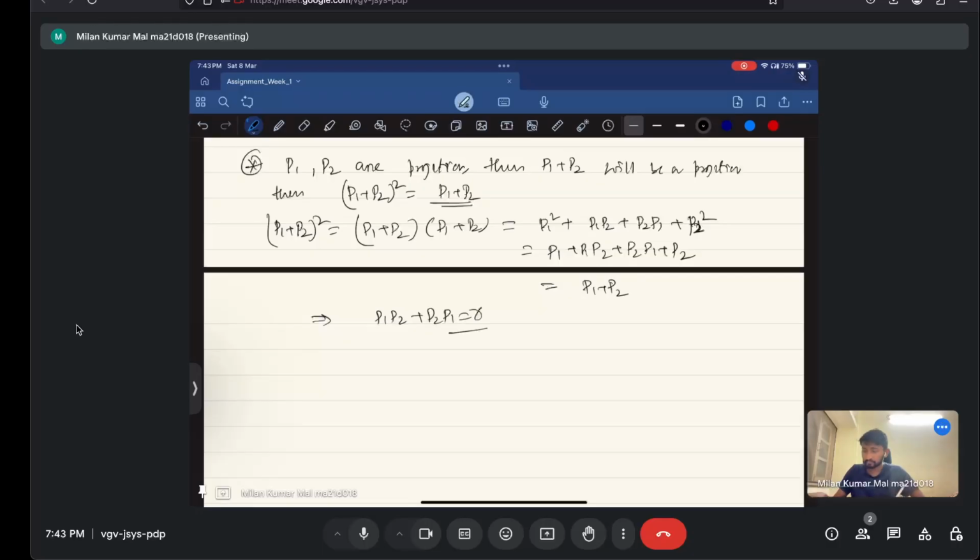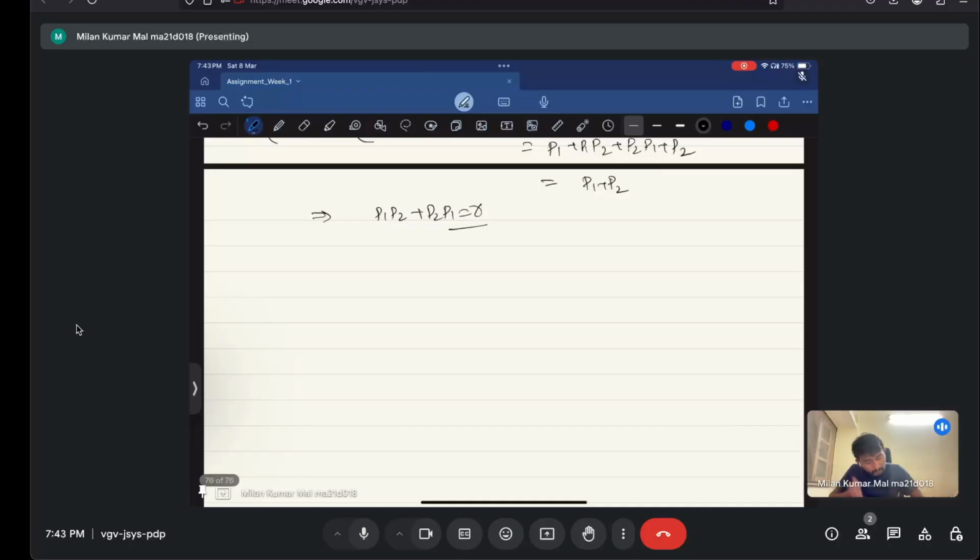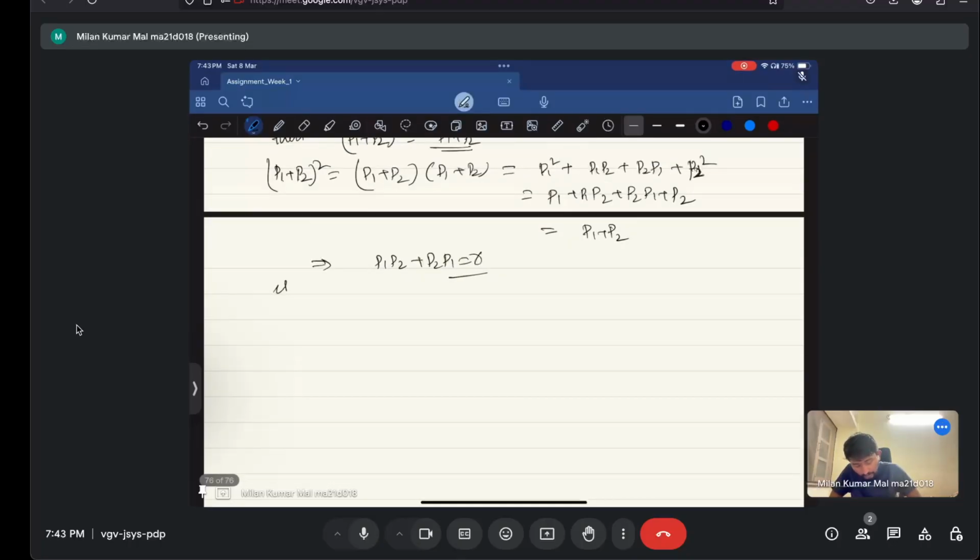that implies that P1 P2 plus P2 P1 is equal to 0. So now another way, if P1 P2 is equal to 0 and P2 P1 is again 0, that implies that (P1 plus P2) squared is equal to P1 plus P2. That is, P1 plus P2 is again a projection.